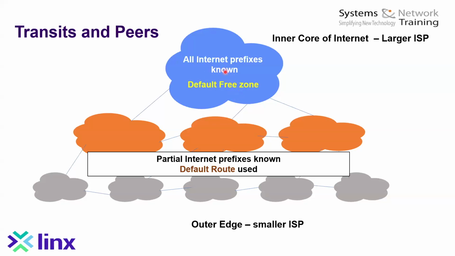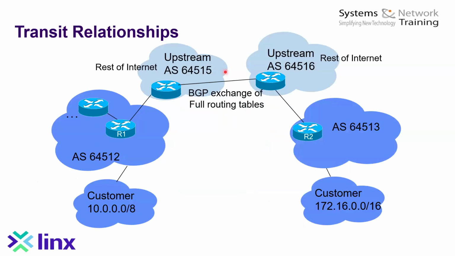So I've introduced here transits, and I've introduced peers. We're going to talk a little bit more about those now, but I've also introduced this term called the default free zone, and you should have some idea now of what that term specifically means. So let's have a look with examples at what this transit relationship means.